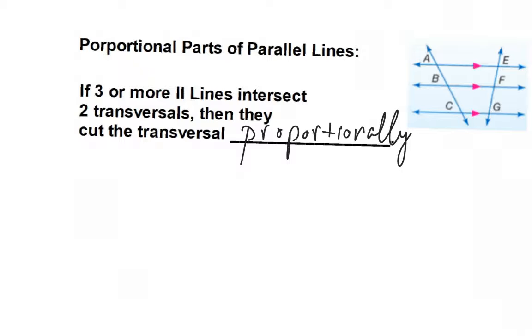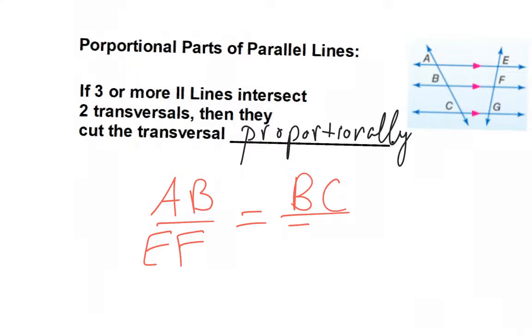So set up a proportion for me, guys. This will be letters, not numbers, okay? Let's go AB over what? EF. EF equals what over what? EC over FG. You got it. Jerry, you're on fire today.